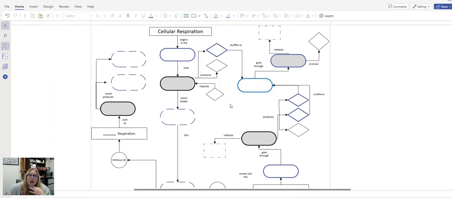Now, I know that any of these diamond shapes are going to be ATP. So I can put in, if I wanted to, as placeholders, ATP, right? I don't necessarily even need to put in how many ATP. I just need to put in ATP. And that can be enough for now.